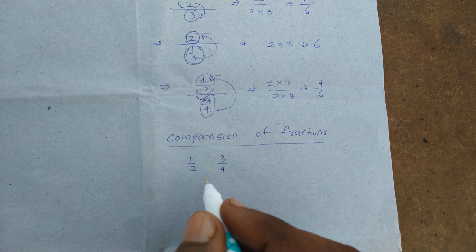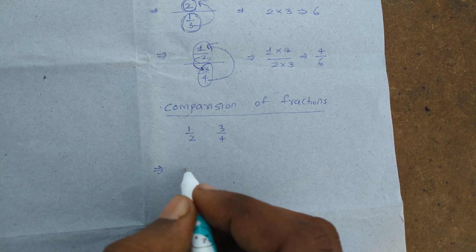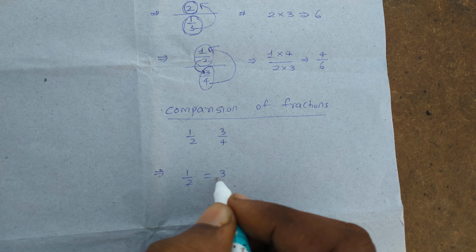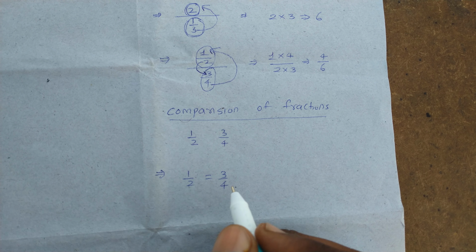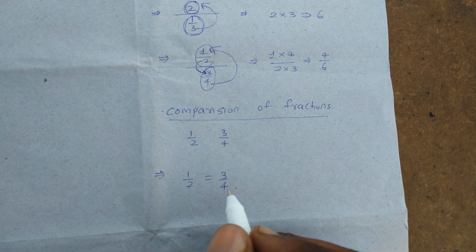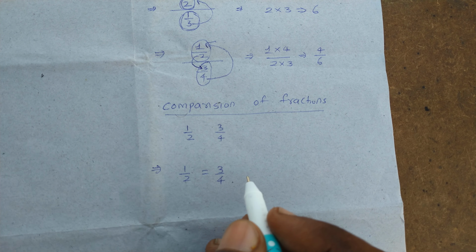By seeing itself you can understand that both are not equal, but you do cross multiplication. 1 into 4 is 4, and 2 into 3 is 6. Is 4 equal to 6? No. So these two fractions are not equal.